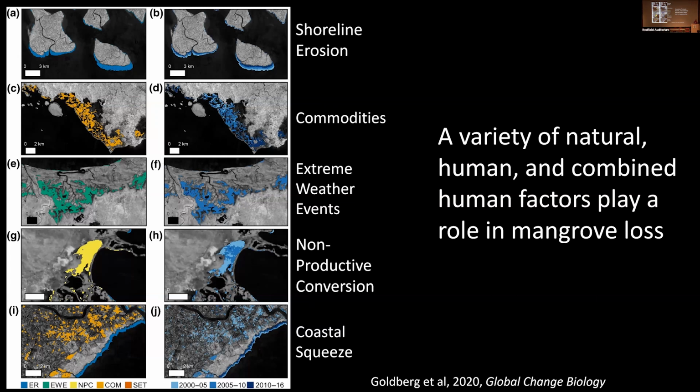And then as well as on the bottom, thinking about these multiple processes happening in tandem, where we have the conversion to shrimp ponds or rice, as well as shoreline erosion. And so we have that coastal squeeze going on, as you can see there in the Mekong.